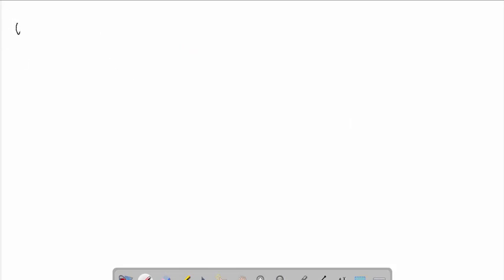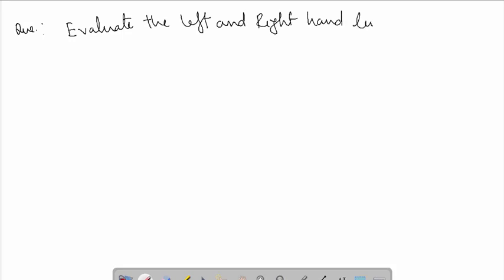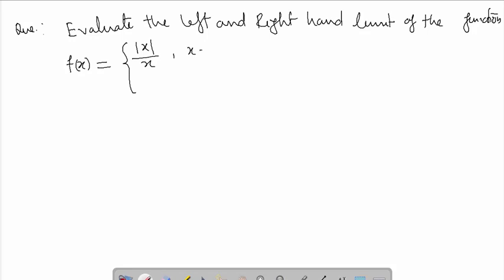Write down the question: evaluate the left and right hand limit of the function f(x) equals, this is a piecewise function, mod x upon x if x is not equal to 0, and this is 0 if x equal to 0.